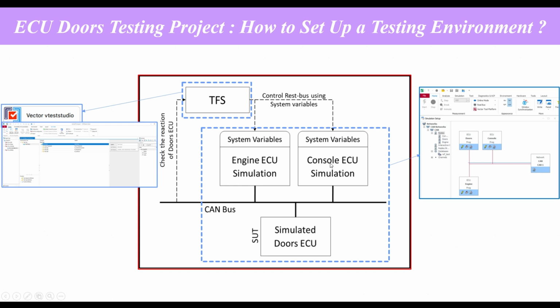The driver can request door lock or unlock by pressing a button, by interacting with the vehicle directly. The console ECU can send a request to the doors ECU, and then the doors ECU can answer by switching to the unlocked or locked state.